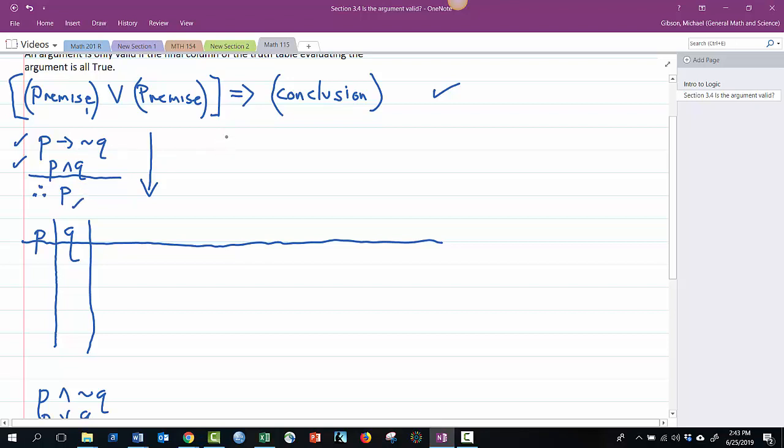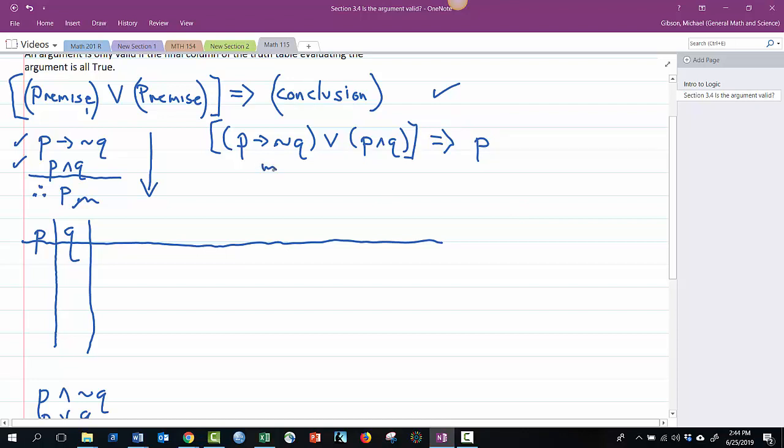What we're going to end up with to evaluate is P implies, or if P, then not Q. All right, and then you put an "and" between each of the parentheses, and then P and Q, close parenthesis, and that completes everything above the line. So then we need the square parentheses around that. And we need our double arrow if-then, okay? And then the last one here is just P, so since it's a simple thing, we don't need parentheses. This is what we're going to evaluate in the truth table, all right?